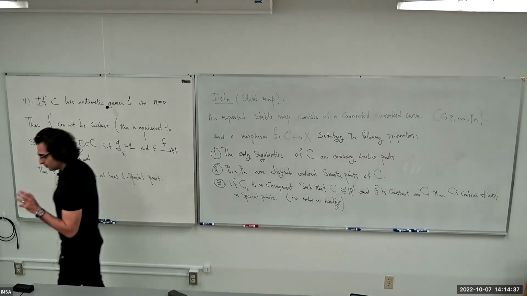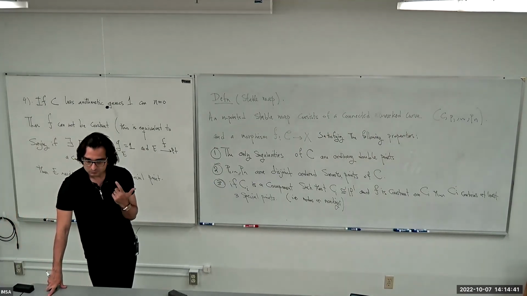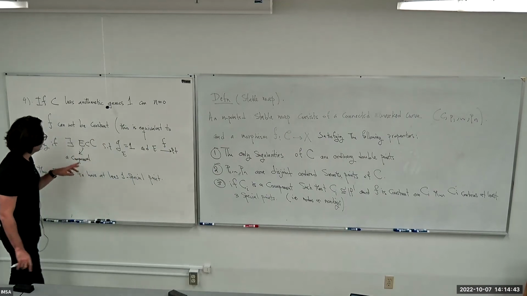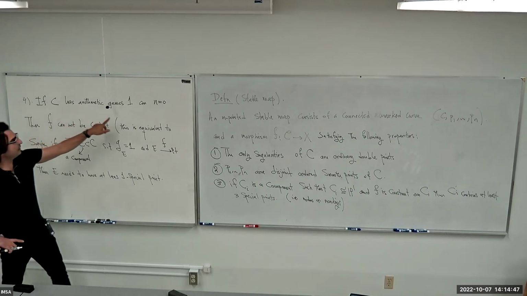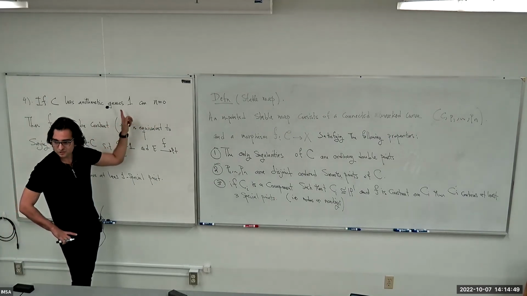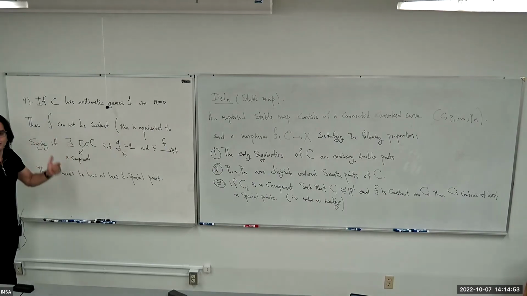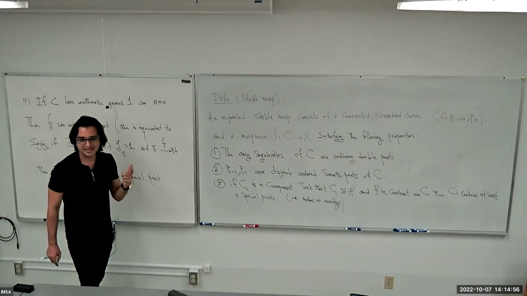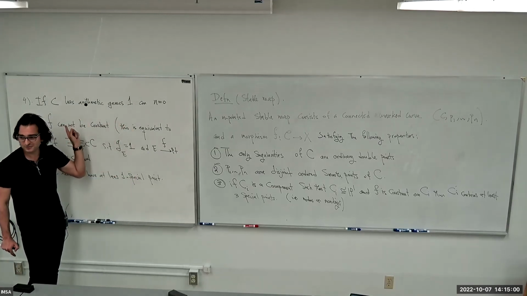When you look at constant maps, you can dilate them. If this guy doesn't have any markings on it, and it's a genus 1 thing, then f cannot be constant. Because then again, I would be able to dilate this thing, and that gives me dilations of my map.